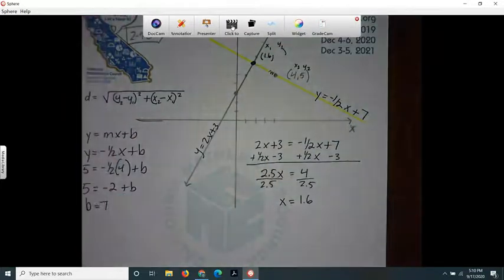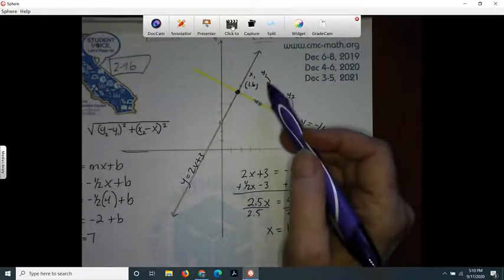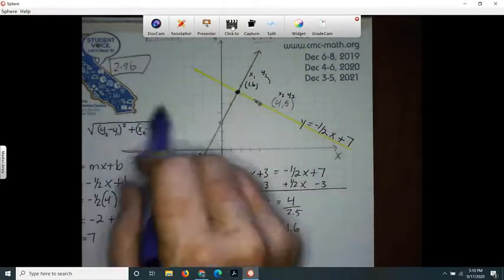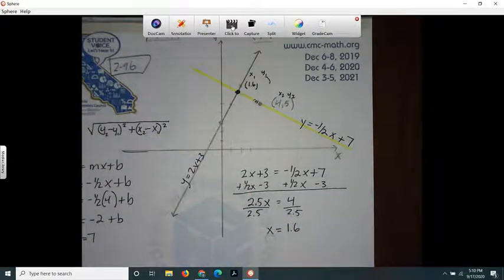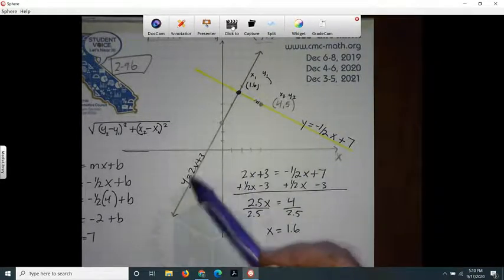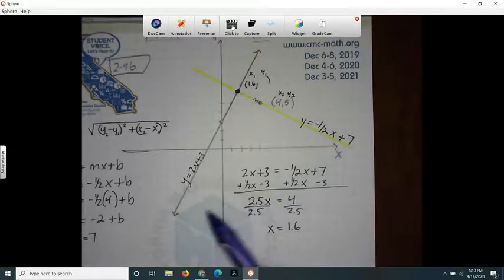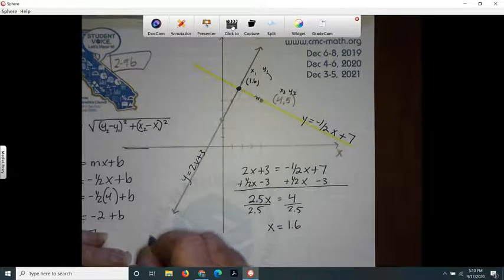That's my x value. How can I get my y value? If I just had the y value, I can plug everything in here and be done with this. So for the y value, I can plug my x into one of the equations, it doesn't matter which, and find out what y is. I'll use this one because it doesn't have that negative fraction in it. So y equals 2 times 1.6 plus 3.